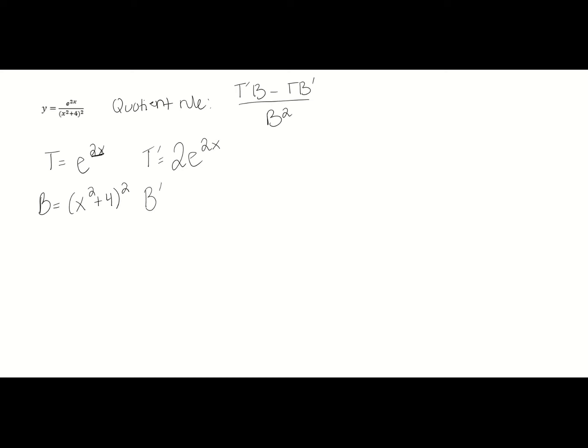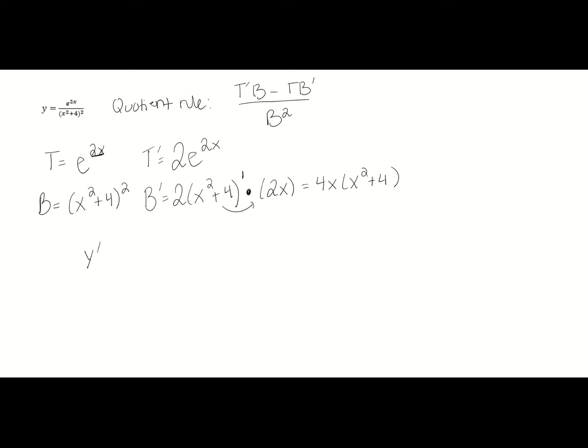And b prime is going to be, I bring down the 2, I don't touch the inside, I subtract 1 from the top, and then I multiply by the derivative of the inside. So that's going to give me 4x, x squared plus 4. And now I can apply my quotient rule.